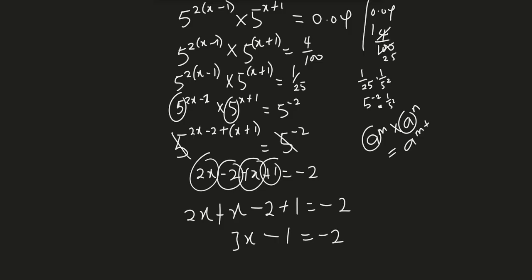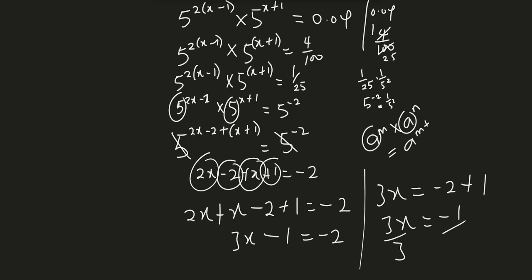So we have 3x equals minus 2 plus 1, and then 3x equals minus 1, and so we divide both sides by 3. Automatically x equals minus 1 over 3.